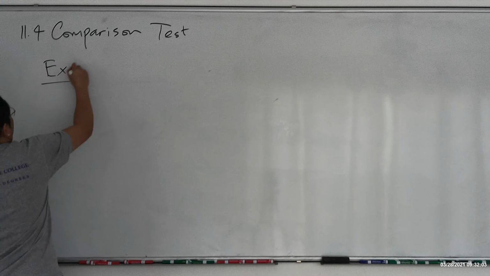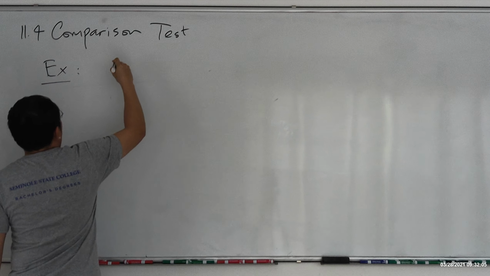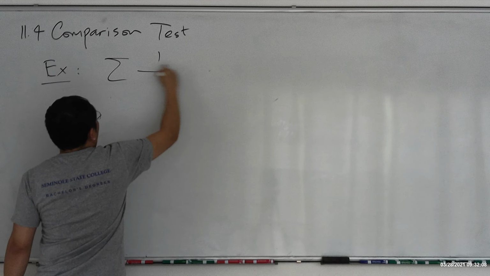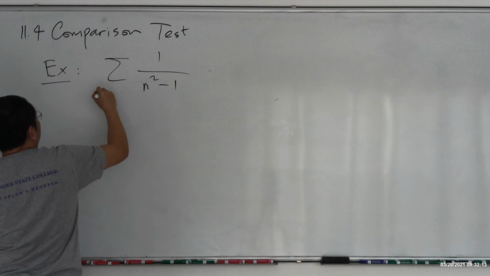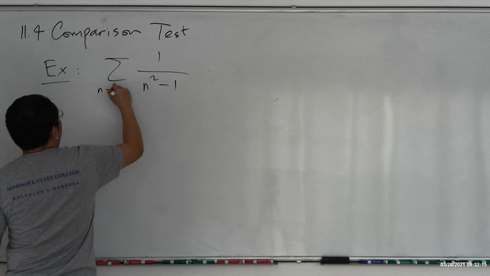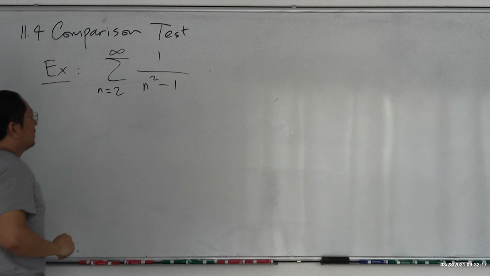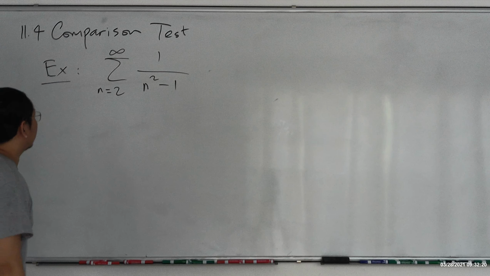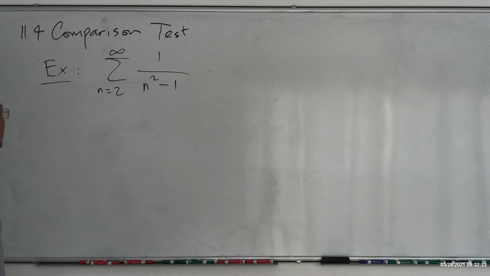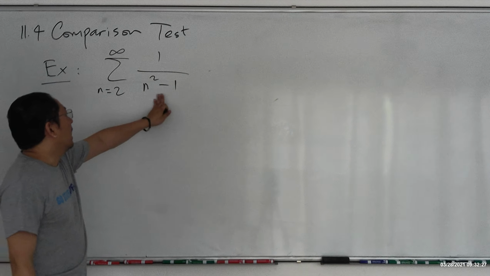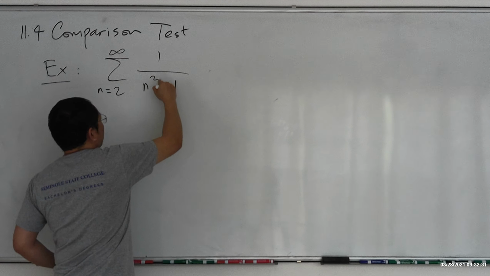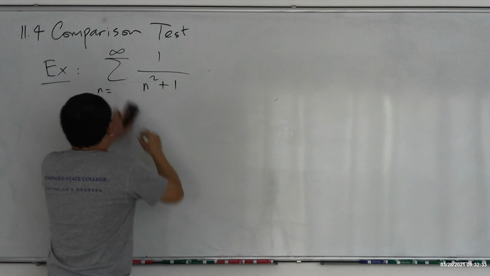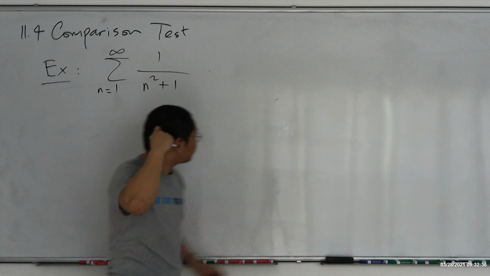Example, say you want to learn about the series 1 over n squared plus 1, from n equals 1 to infinity. I wanted to write n squared minus 1 running from 2 to infinity, because n equals 1 would give 0, but this one is good enough.